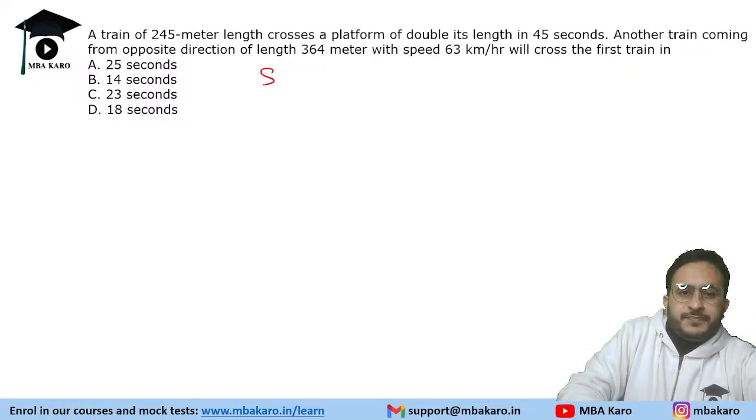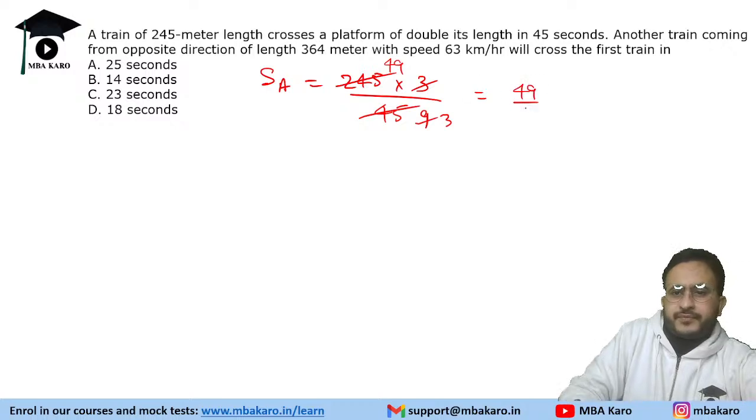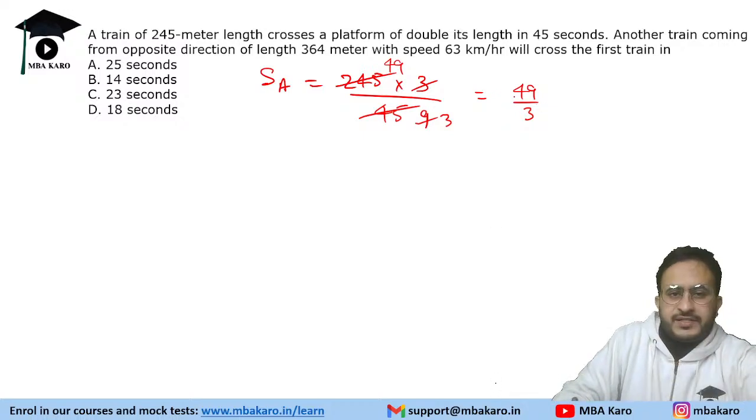The speed of train A is 245 into 3 by 45, so it will be 49 by 3. We made a mistake here: we made it 49 by 5. That was the mistake.